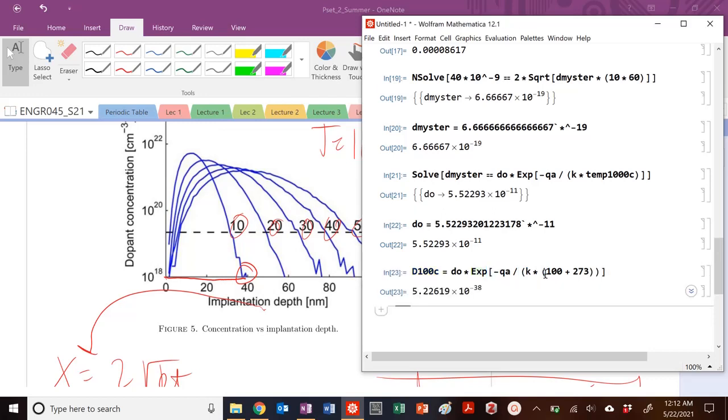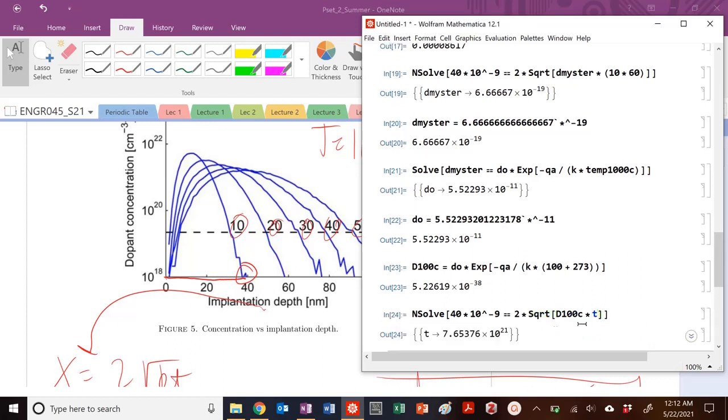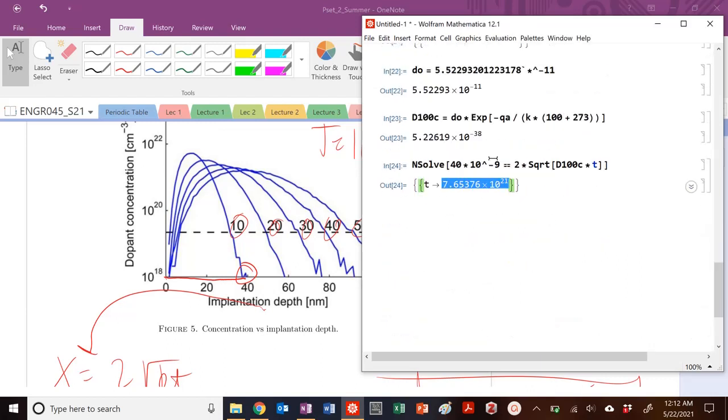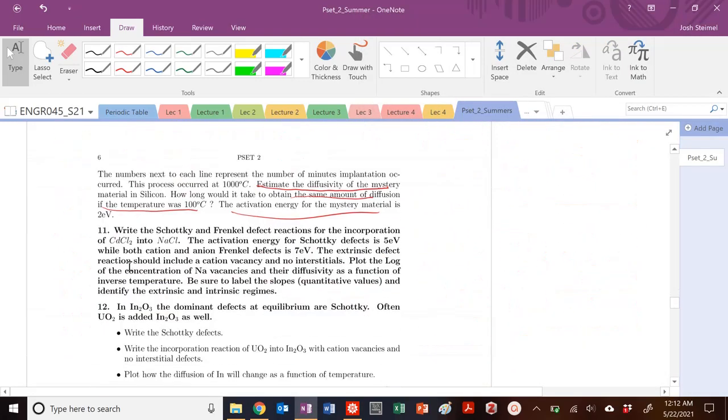So to get the same amount of diffusion depth, 40 times 10 to the minus 9, how long will it take? So now with D at 100 C, I want to figure out the time it takes. Oof, that's quite a long time, as you might expect. So appreciate the power of that temperature dependence.